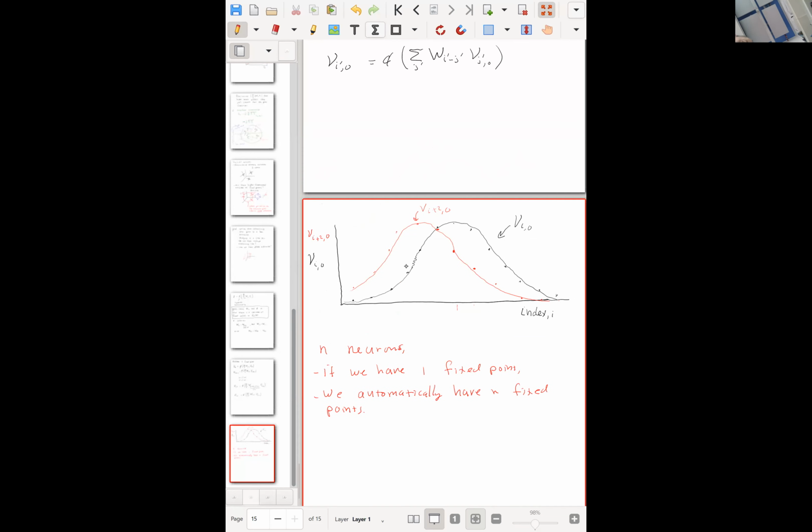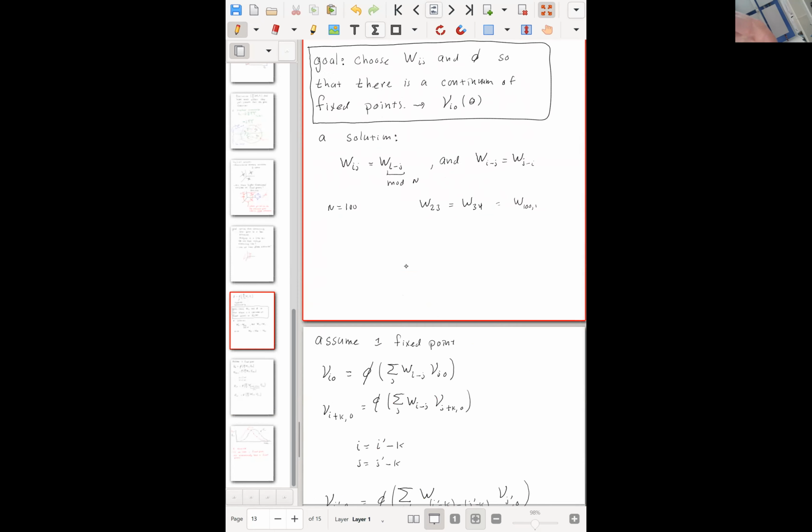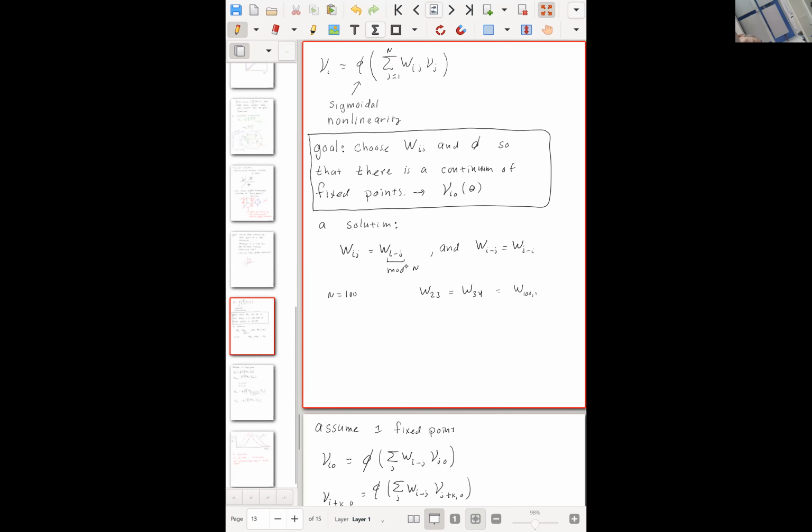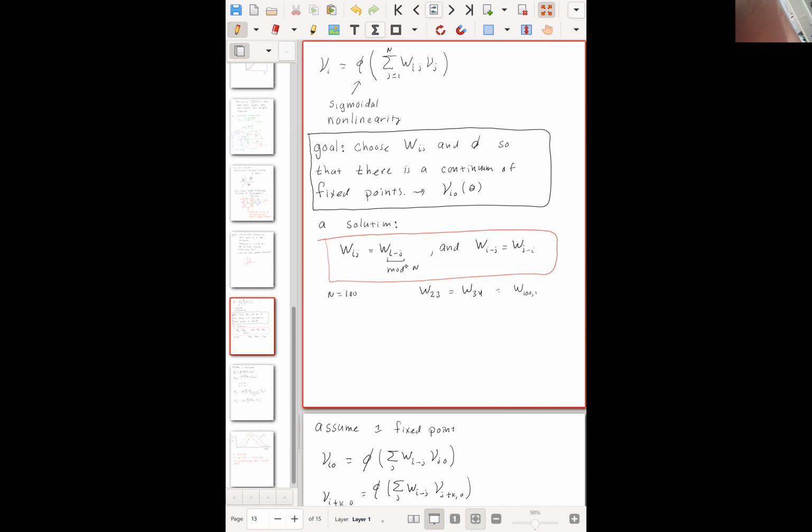With this sort of simple connectivity, the key observation is right here. This is called a translation invariant weight matrix.